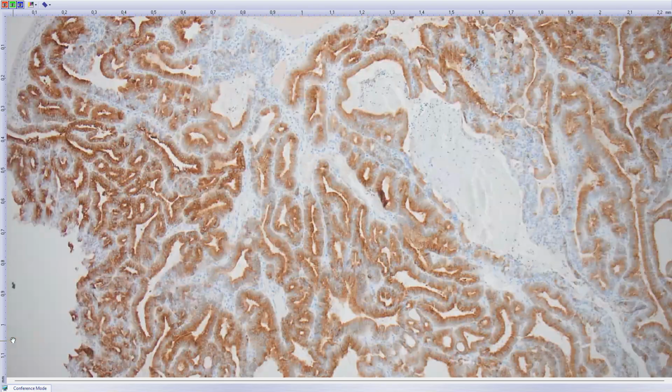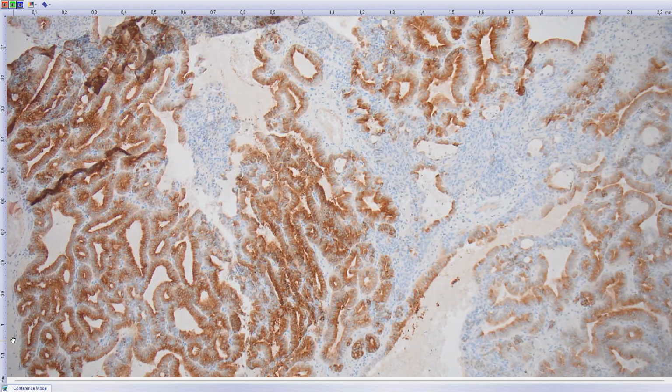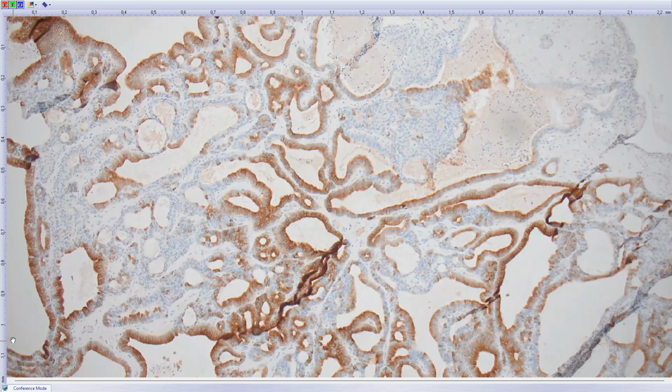So you've got this nice diffuse MUC6 positivity, and it will be negative also for MUC5AC, but in many cases you will have a mixed phenotype with intestinal and other types of epithelium present there. So in this case it looked quite pure pyloric gland.